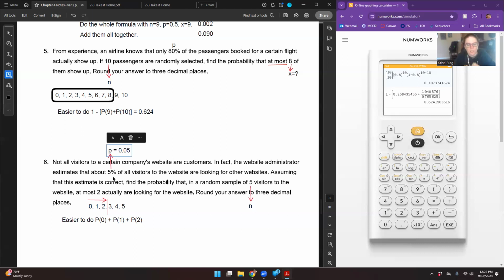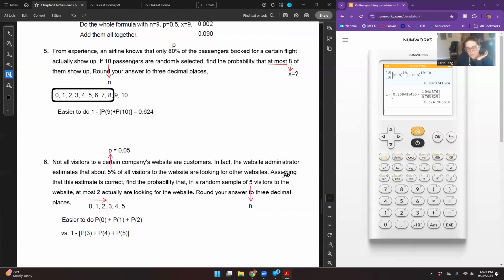I said it was easier to do 0, 1, and 2, because if I did it the other way, I would have to do 1 minus parentheses, probability of 3 plus the probability of 4 plus the probability of 5, close parentheses. So it's just a little extra work because you have to do that 1 minus and make sure the parentheses are there. That's why I said it would be easier to do 0, 1, and 2.